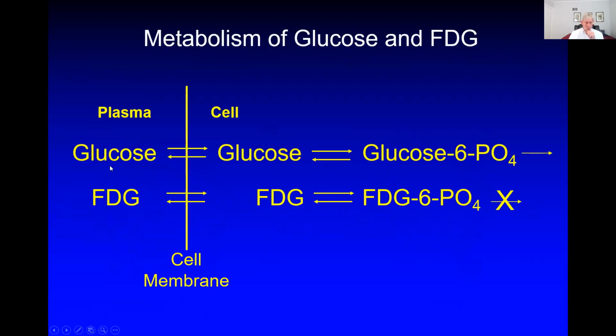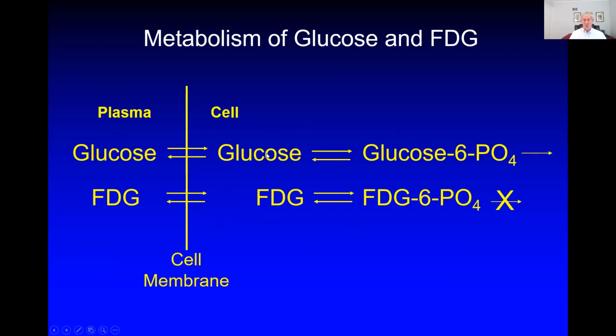Glucose and FDG both can go from the plasma across the cell membrane and get into the cell. They both can do that. But what happens with glucose is it's first phosphorylated to glucose 6-phosphate. They call it G6P, and it's further broken down in a multi-step process and ends up as carbon dioxide and water and energy.